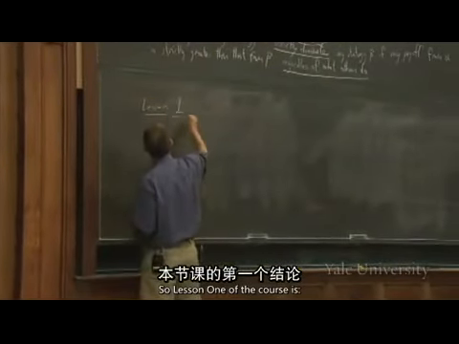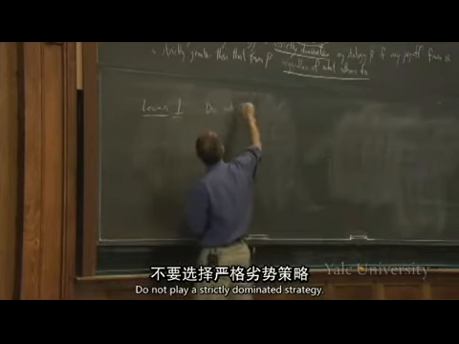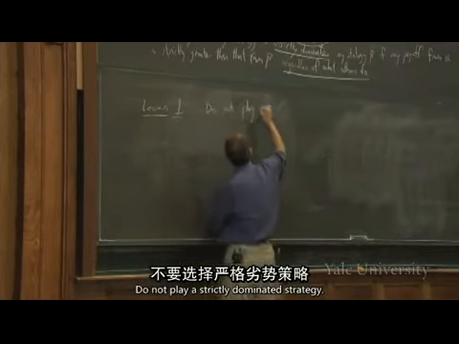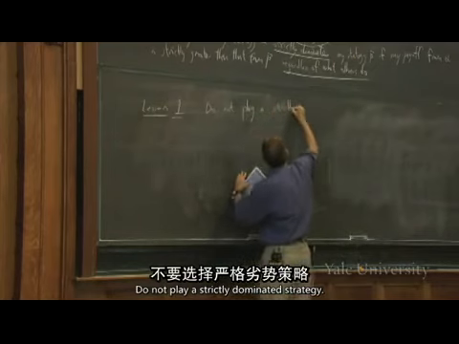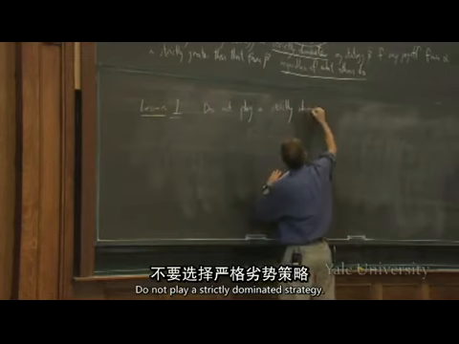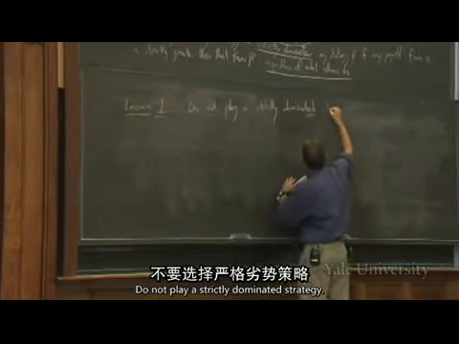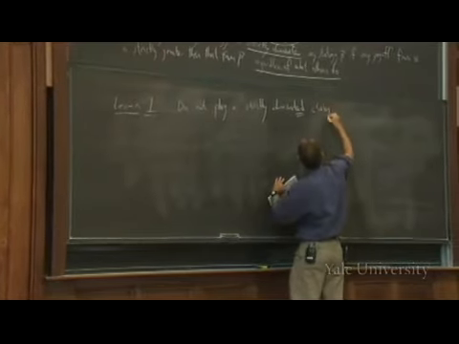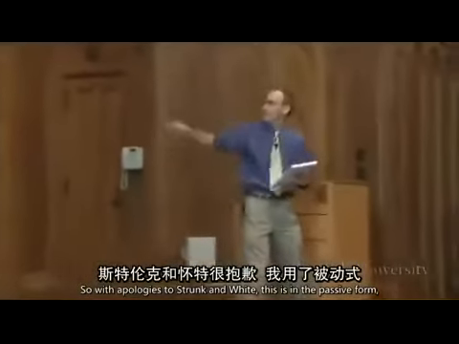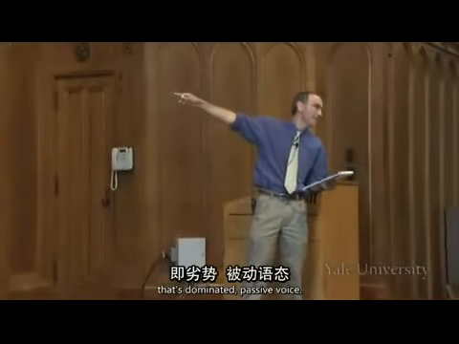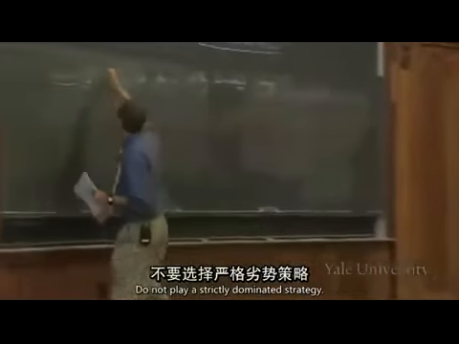Lesson 1 of the course is, do not play a strictly dominated strategy. With apologies to Strunk and White, this is in the passive form. Do not play a strictly dominated strategy.